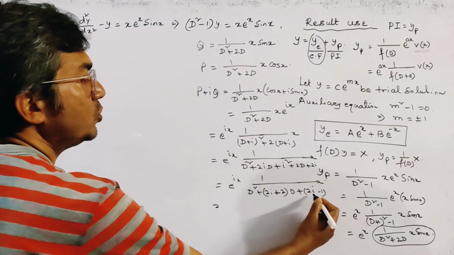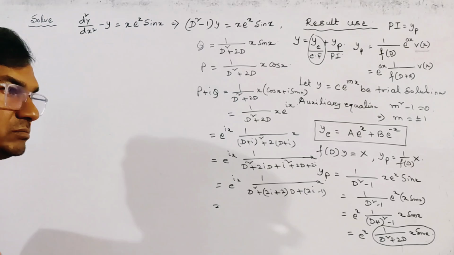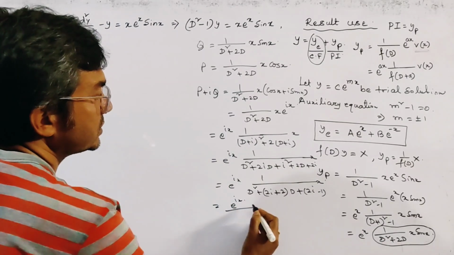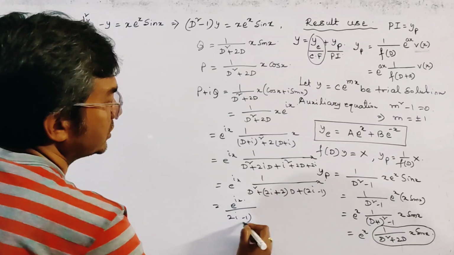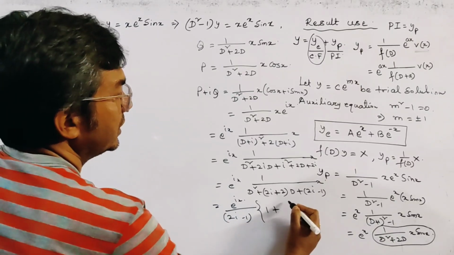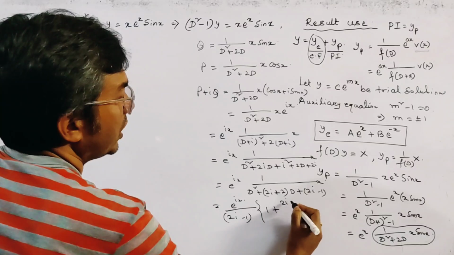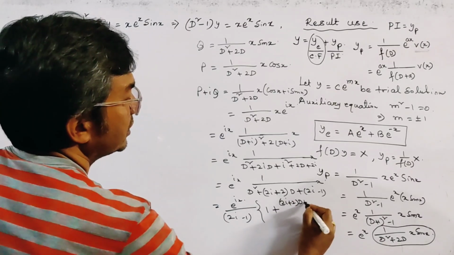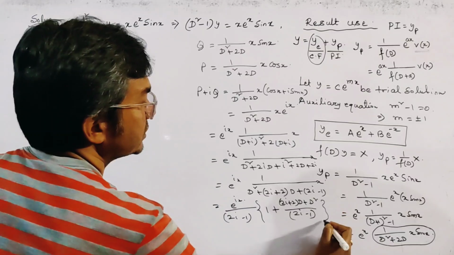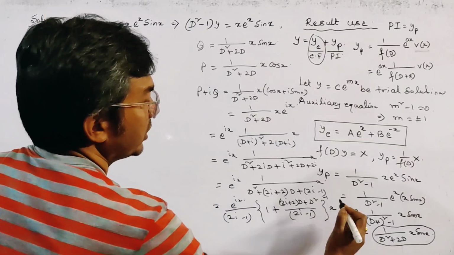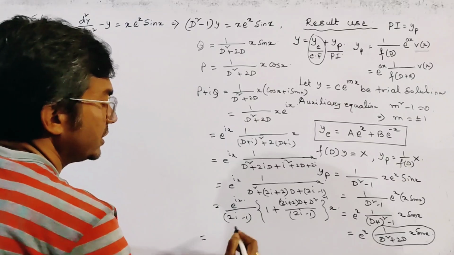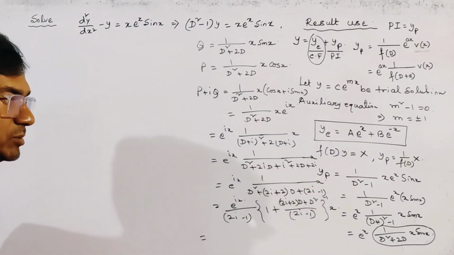Now taking common 2i minus 1 from the denominator, we get e to the power ix by (2i minus 1), and we write 1 plus ((2i plus 2) into D plus D square) by (2i minus 1), to the power minus 1, into x. Now we write the infinite series expansion of this.